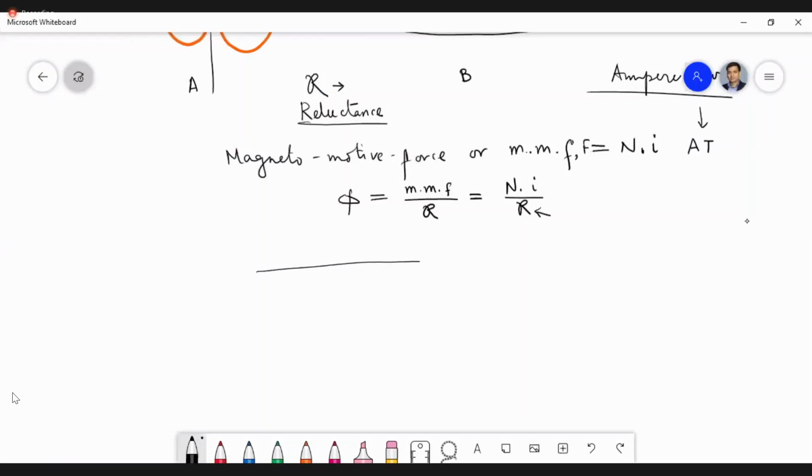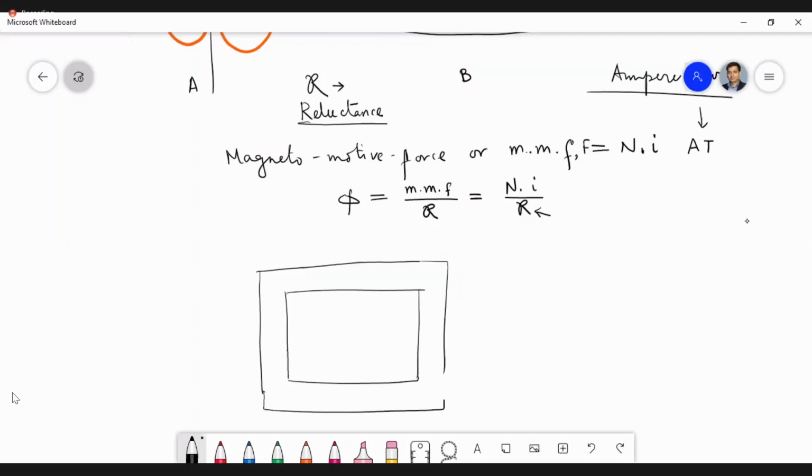Now, if I have two coils, one like this, another like this.